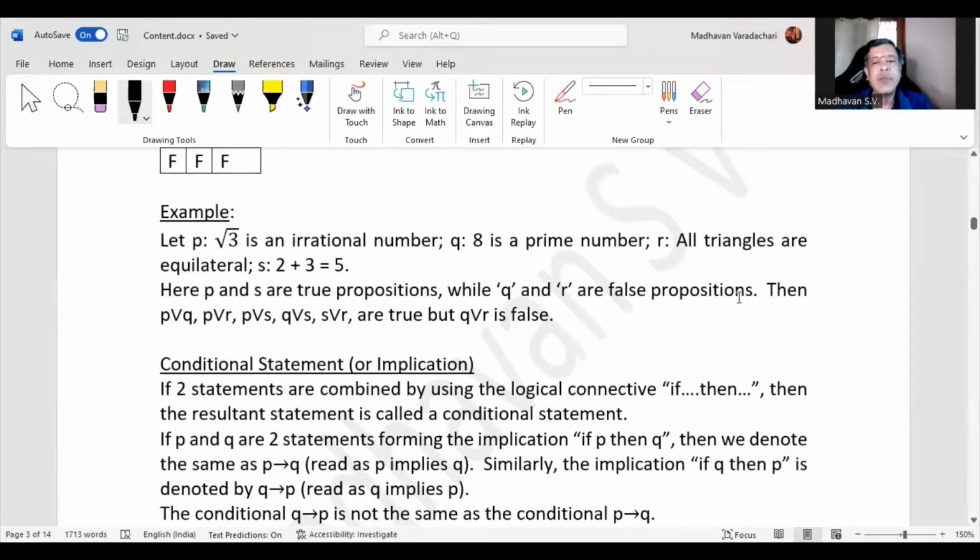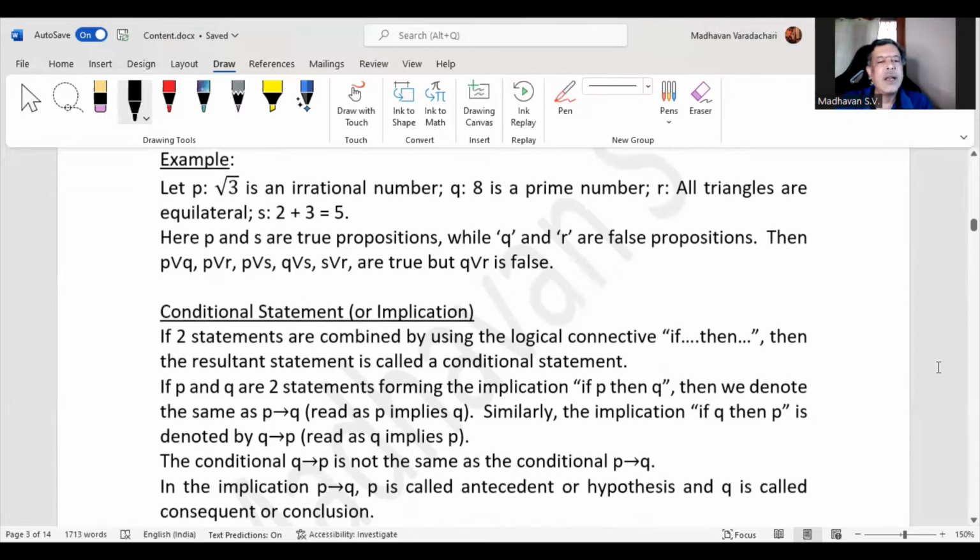We already saw that. Then P or Q, P or R, P or S, Q or S, R or S are all true, but Q or R is false because Q is a false proposition and R is also a false proposition. So together, if we say Q or R, that is also false only.